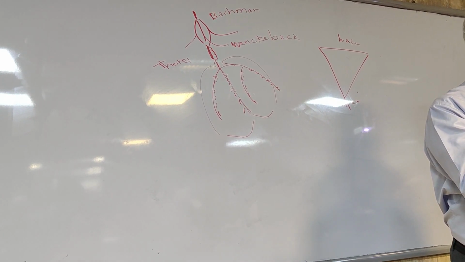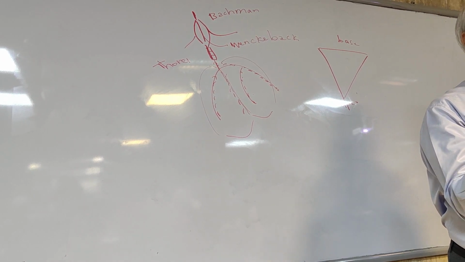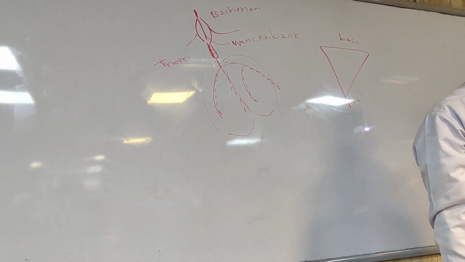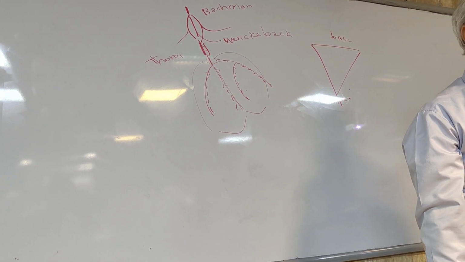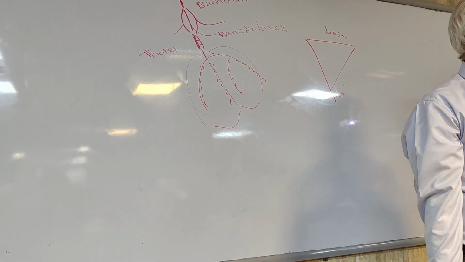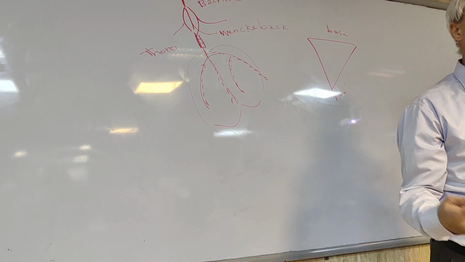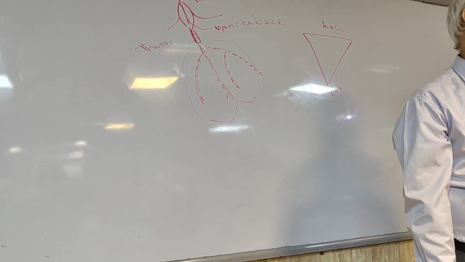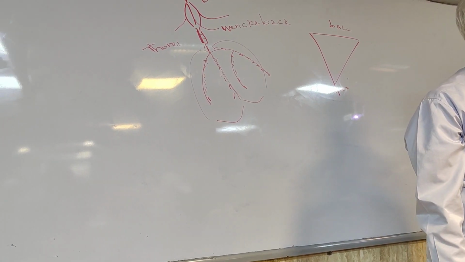Purkinje fibers have large diameter and more gap junctions. In the AV node, the conduction velocity is very low because there are fewer gap junctions and a smaller diameter.